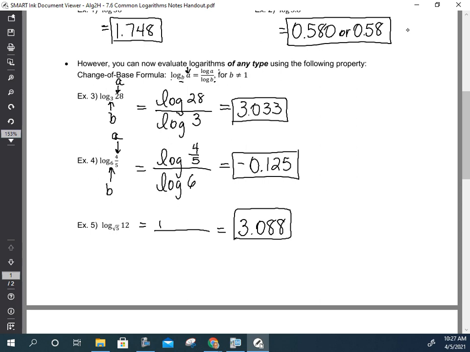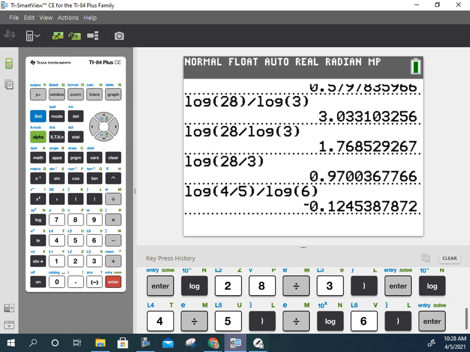So the setup is log of 12 over log of the square root of 5. Now, some people might have had trouble with putting it in the calculator. Let's take care of that.